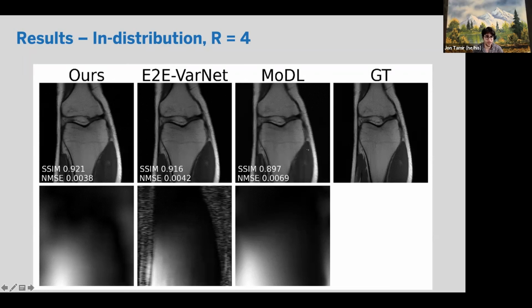And so that's these lines that you see in the muscle that goes into the bone. The end-to-end VARNet, again, the sensitivity maps also has some of this structure that's still visible, whereas ours, which is explicitly represented by a compact kernel, will be smooth, but still has some refined features by the end.